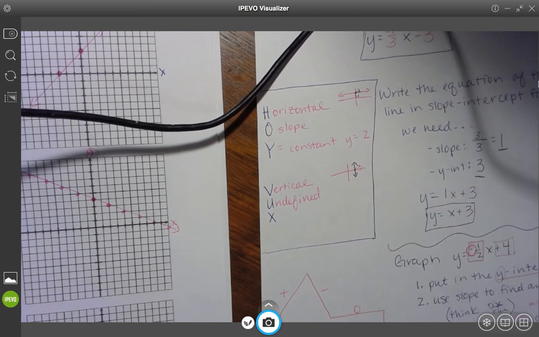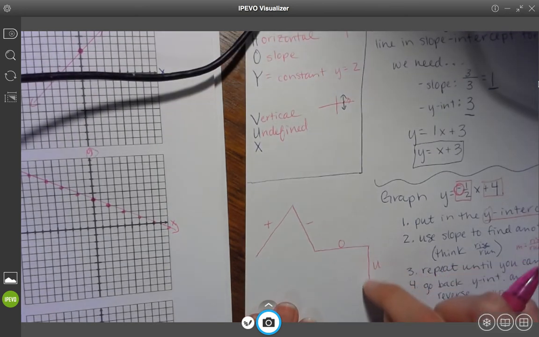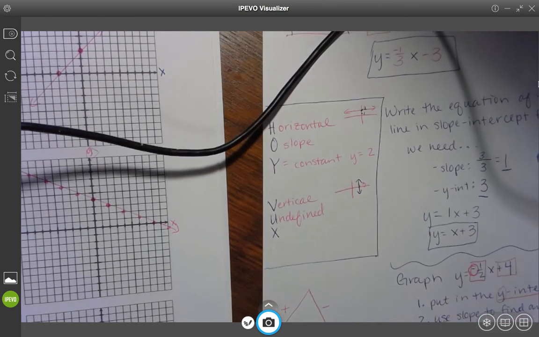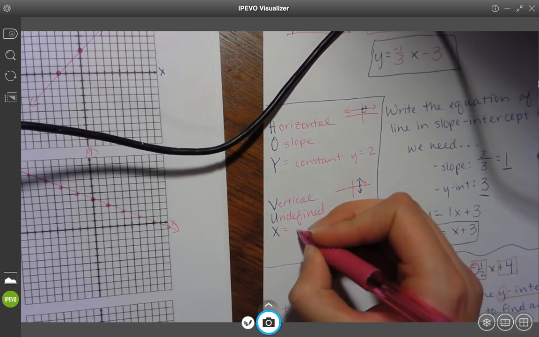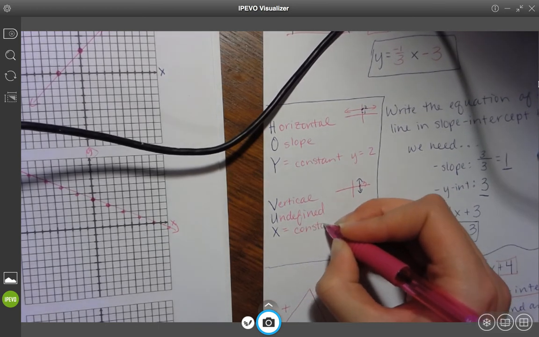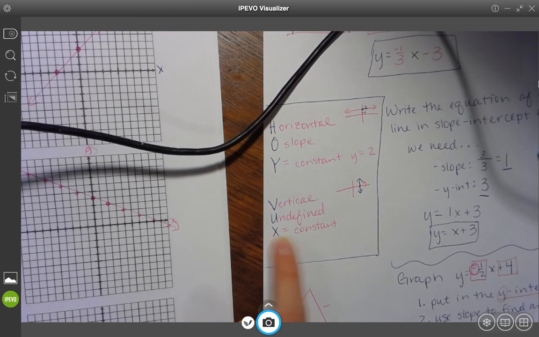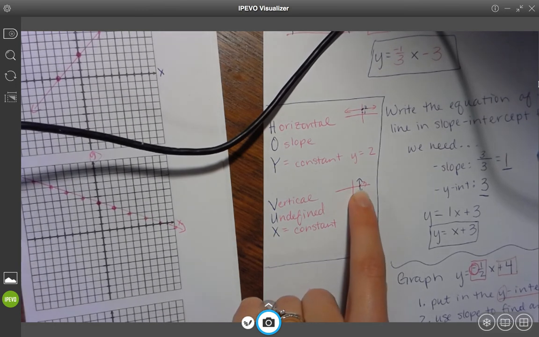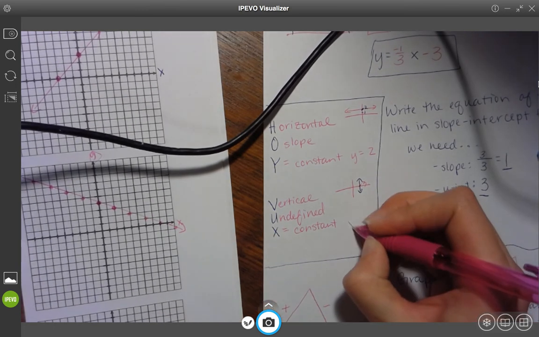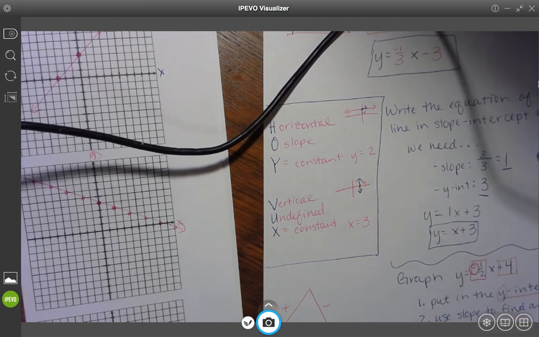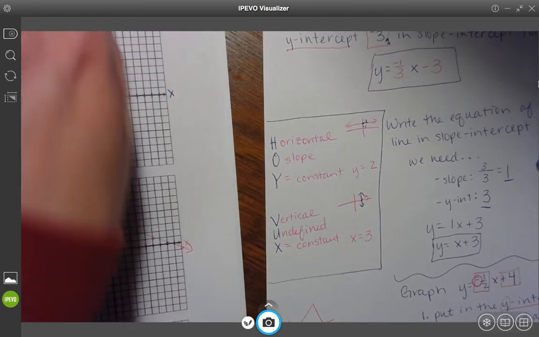So a vertical slope is undefined, which we know what slope do. Lastly, this last one tells us what the equation looks like. X equals a constant. So here, x equals 3, and that would be the equation of this vertical line. I'm sorry about the chord there.